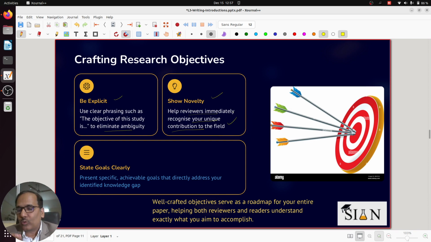So you have to show that novelty in the introduction while writing the objective. State goals clearly: present specific, achievable goals that directly address your identified knowledge gap. Well-crafted objectives serve as a roadmap for your entire paper, helping both reviewers and readers understand exactly what you aim to accomplish.